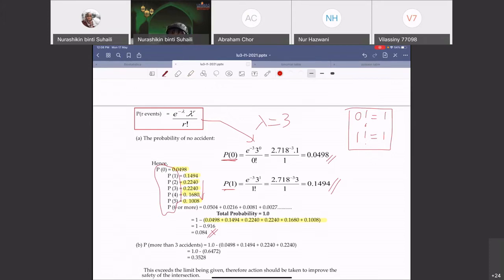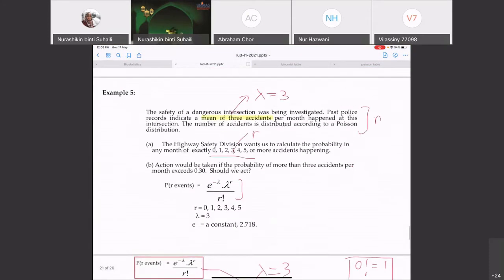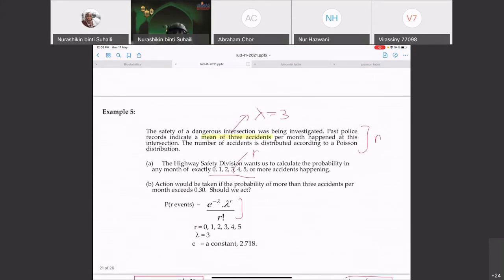Let's have a look at the second question. Action should be taken if the probability of more than 3 accidents per month exceeds 0.3. Should we act? If the probability is greater than 0.3, then action will be taken. That's what it means.